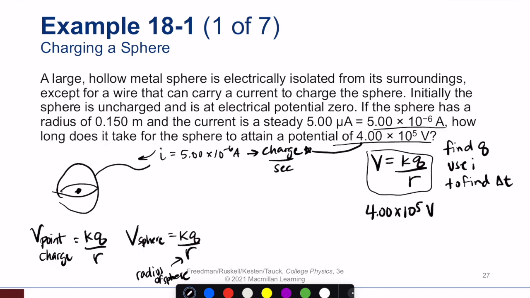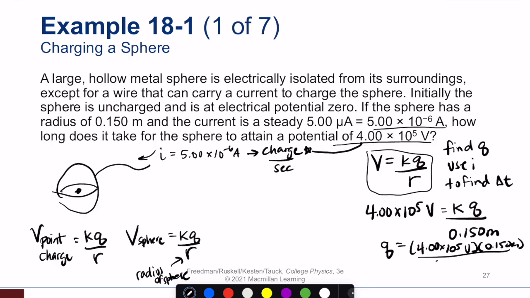So we have our potential is 4 times 10 to the 5 volts, our Q is unknown, and our radius is 0.15 meters. Let's solve for Q so that we can find delta T. Q is going to be 4 times 10 to the 5 volts times 0.15 meters divided by k, which is 8.99 times 10 to the 9.